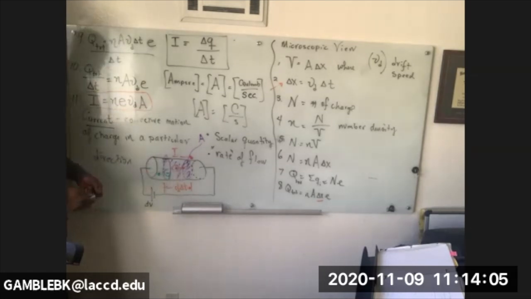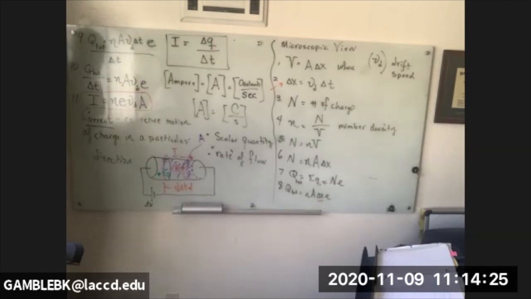So the current should increase or decrease proportionally. You would expect a proportional relationship between the value of the current and the value of the cross section through which it flows.